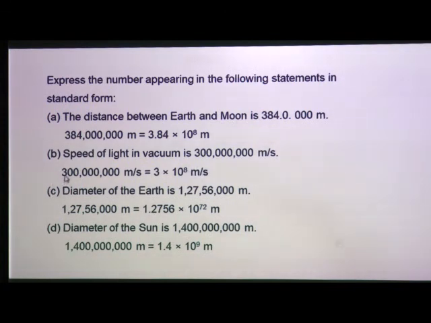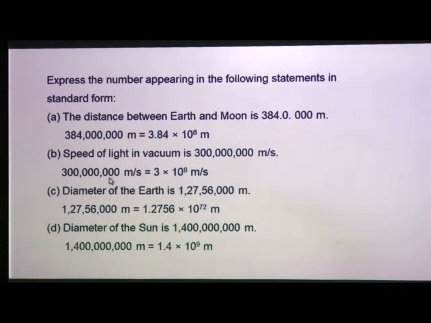How is it? Because here it is directly multiplied by zeros, so we can write it as a power of 10. The number of digits here is 1, 2, 3, 4, 5, 6, 7, 8. So, we write 10 raised to the power of 8.